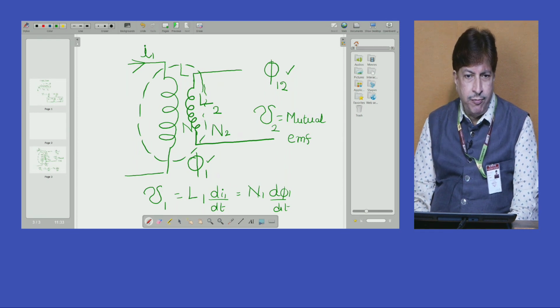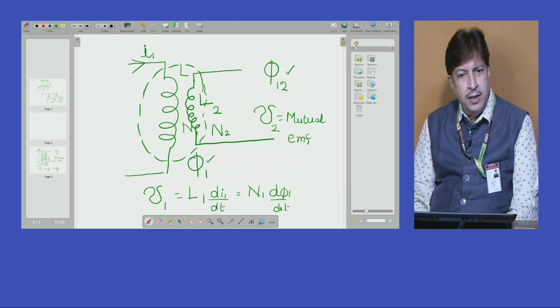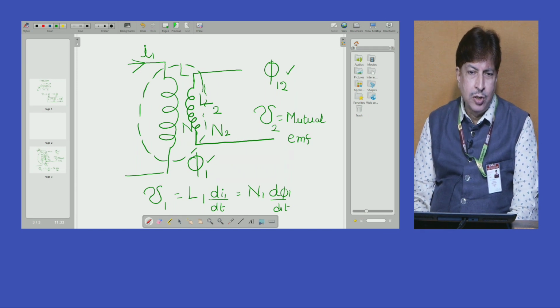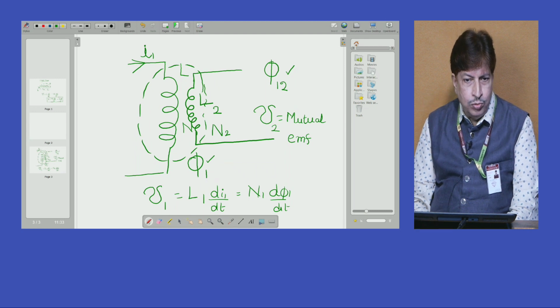First EMF is self-induced EMF in coil number 1, and the other EMF is mutual EMF in coil number 2.